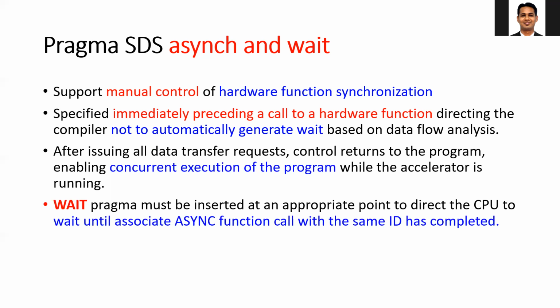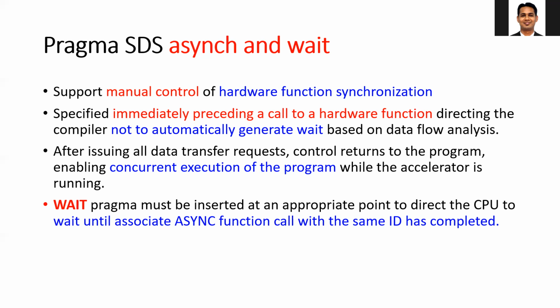So you have used the async pragma and told your compiler to initiate the data transfer to the IP, but don't wait for the IP to complete the task. Now, after some time in your program, you want your IP to finish its operation so that you can make use of that output at certain other places. How can you achieve that?